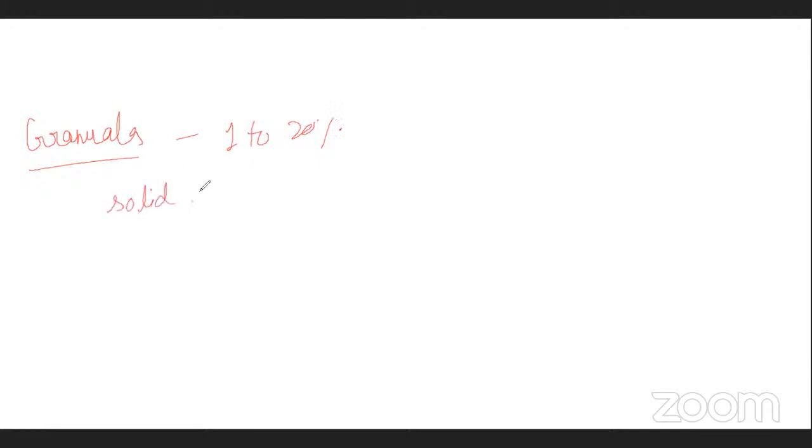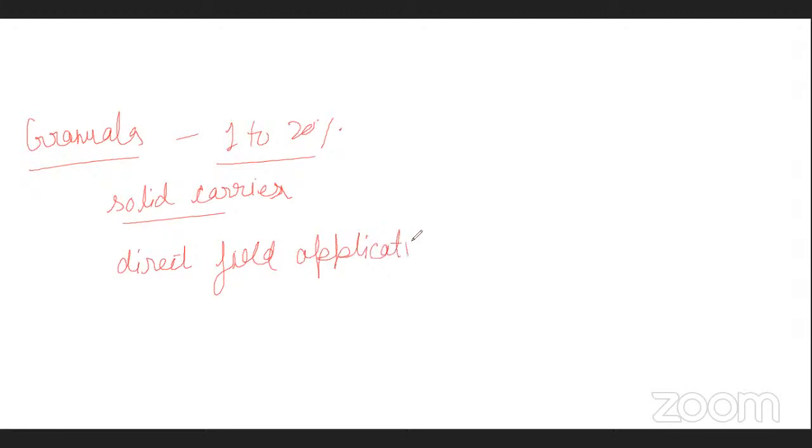Means there is a solid substance, and on that 1 to 20% concentration of herbicide will be there. These are usually suitable for direct field application, which means we don't have to solubilize them. We generally apply them directly to the field.